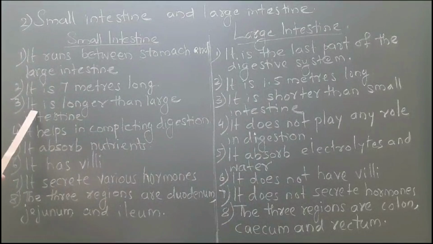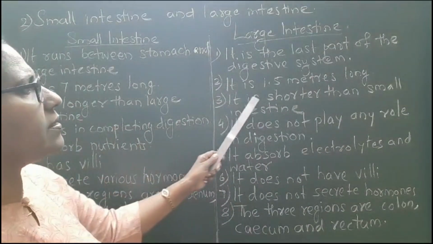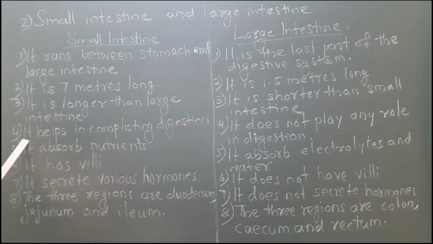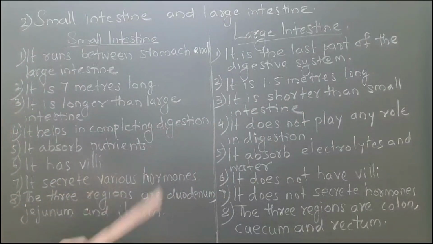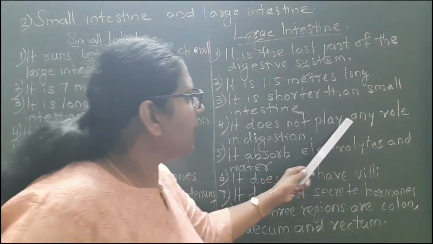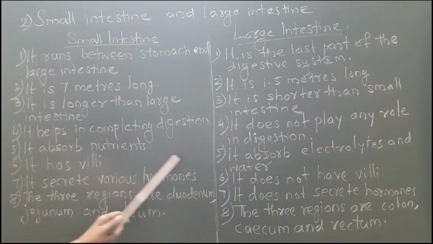Third point, small intestine is longer than large intestine. Large intestine is shorter than small intestine. Fourth point, small intestine helps in completing digestion. Large intestine does not play any role in digestion. Fifth point, small intestine absorbs nutrients.